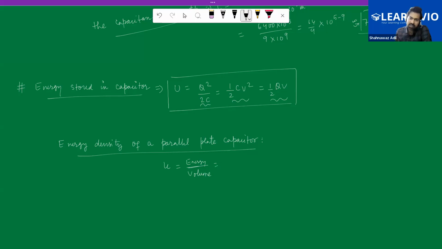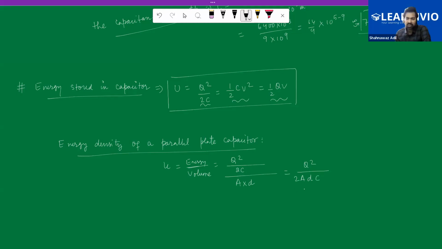Energy is Q square by 2C, and volume is area into distance. So this is Q square divided by A into D into 2C.